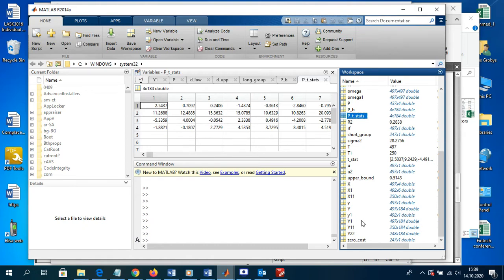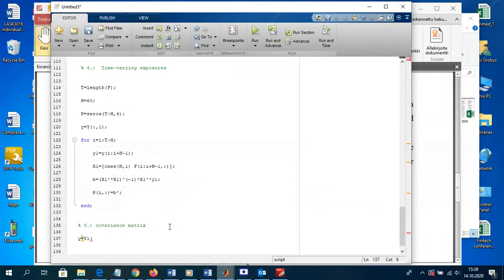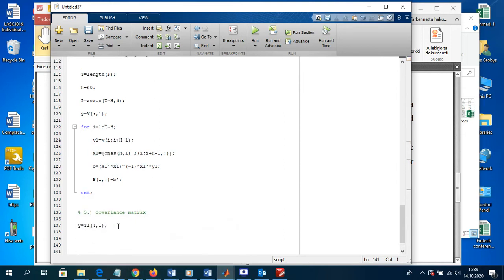Retrieving the first stock, we have a vector which has the dimension T by 1, which is 497 by 1. So this is what we do. We define our y1 vector, the vector of excess returns for the first stock, as the first column and all rows of our Y1 matrix.